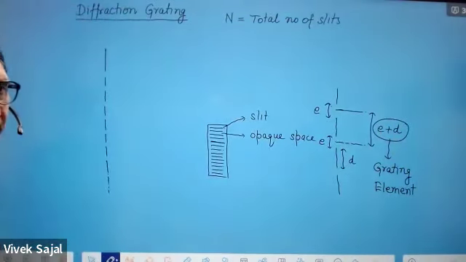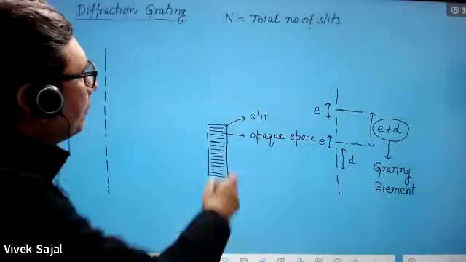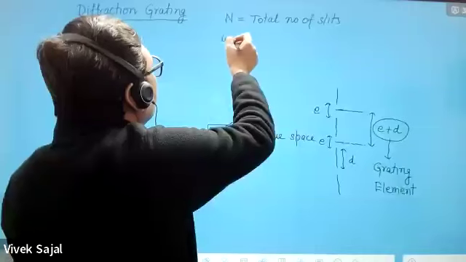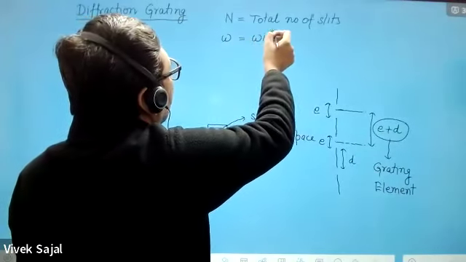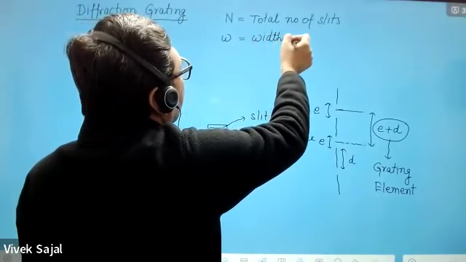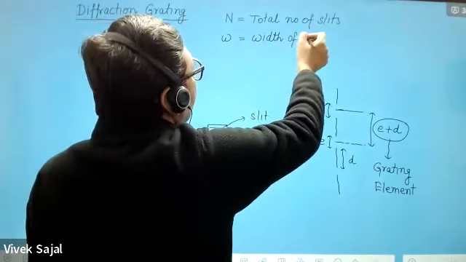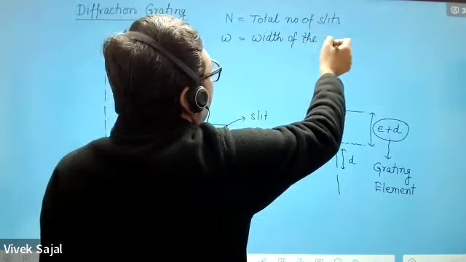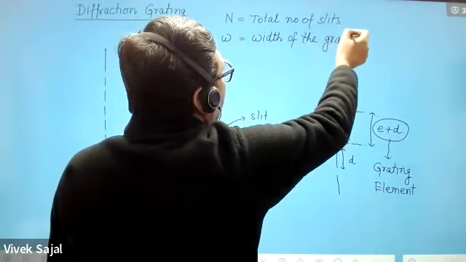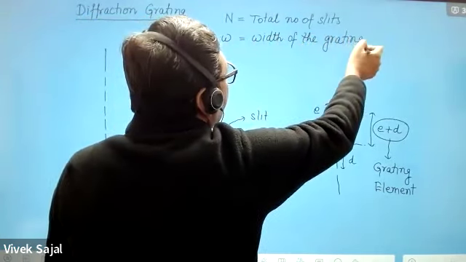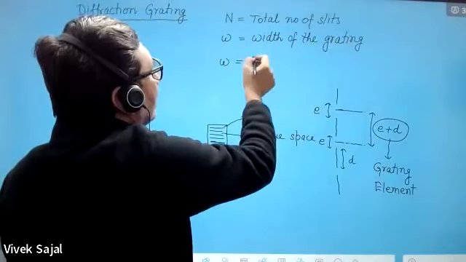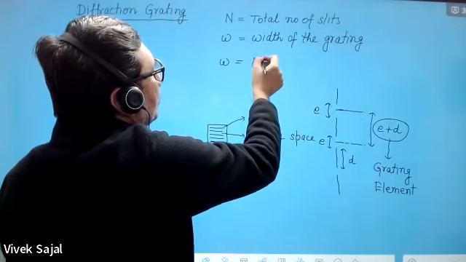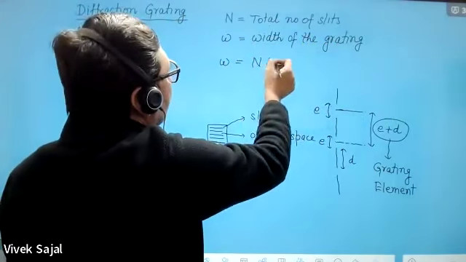Now, suppose W is the width of the diffraction grating. Then the width W will be: total number of slits is N, and the separation between two successive slits is e plus d.